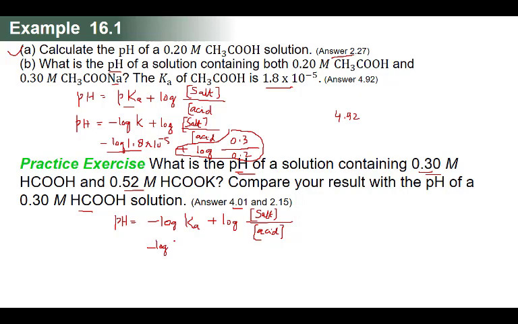It will be given in the question, or you have to check the table in the book. From the table we find it. Plus log salt, which is 0.52, and acid is 0.3.